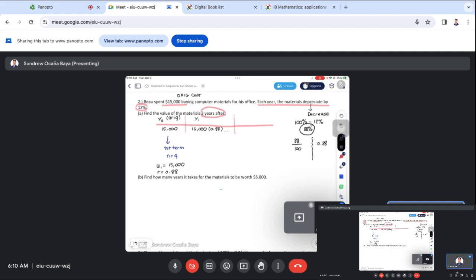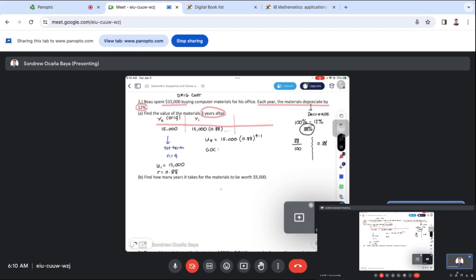So end of 3 years, that means u sub 4 equal to the original value times the rate, raised to 4 minus 1. GDC.